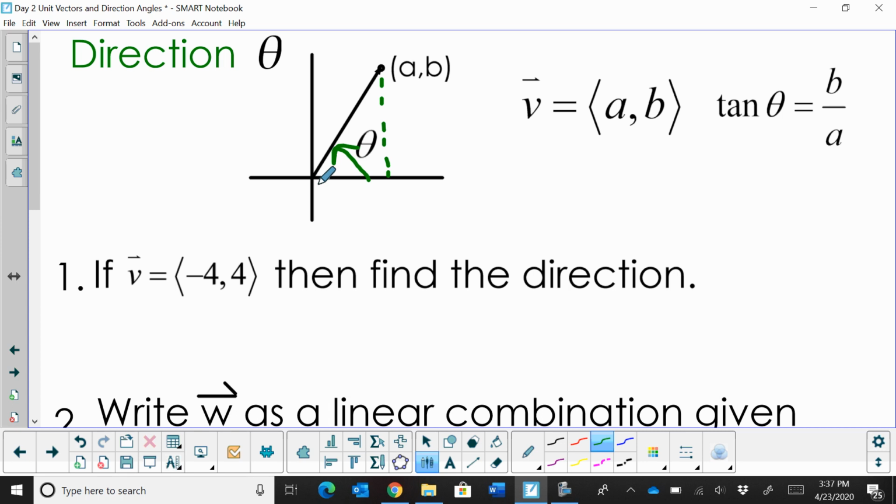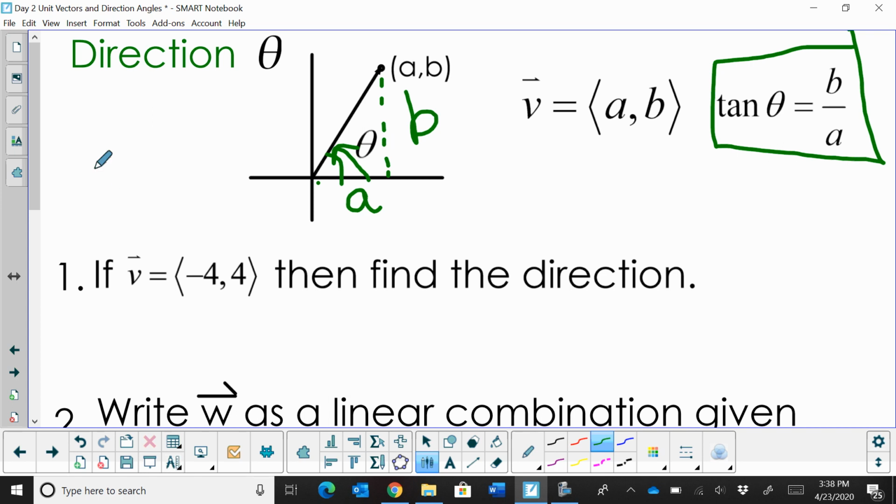Why do we use tangent? Because if you have a coordinate AB, A is your x direction, B is your y direction. To find the angle, we're going to use the tangent as opposite over adjacent. So we're going to use the tangent of theta to find this angle.